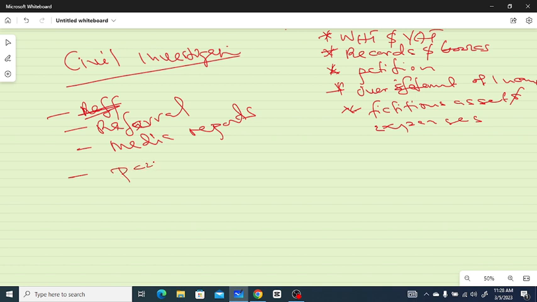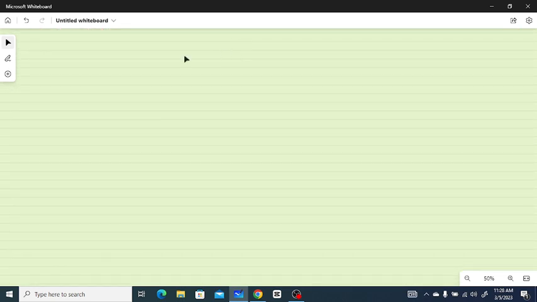Poor tax ratio. Then incorporation in tax havens. So these are some of the reasons for civil investigation.